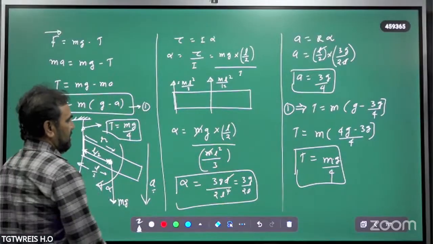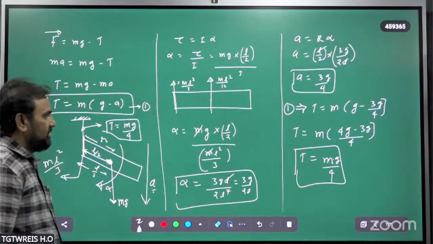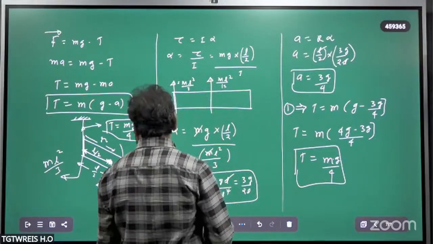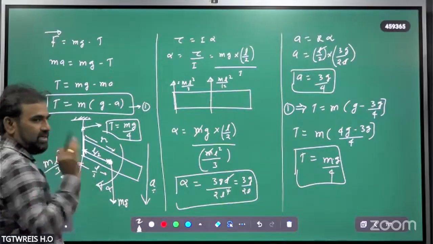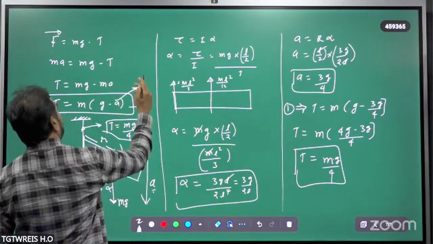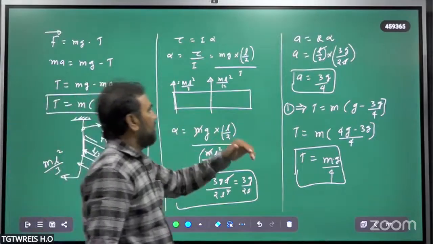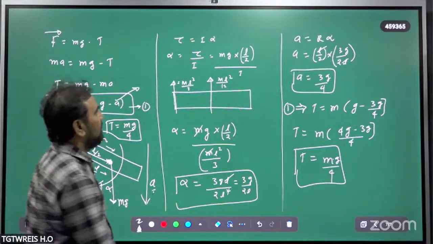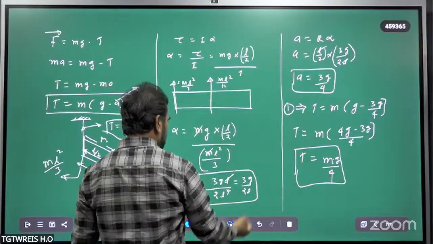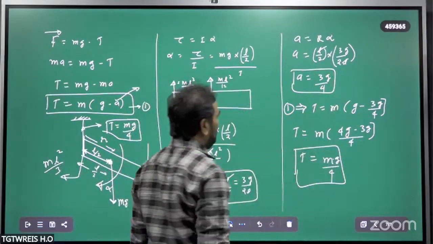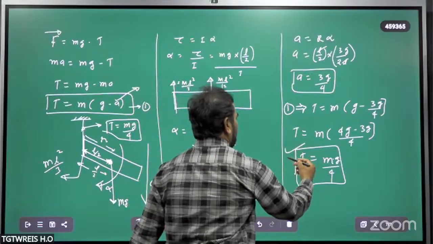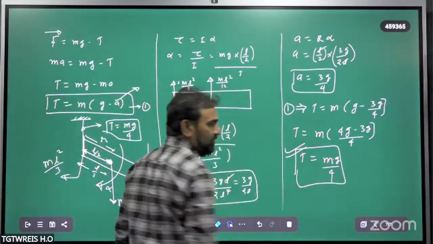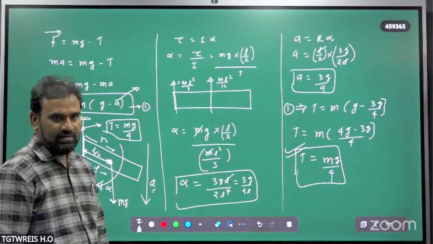From this we have calculated the value of a. So the tension force developed in the string is T is equal to mg upon 4. Is it clear or not?